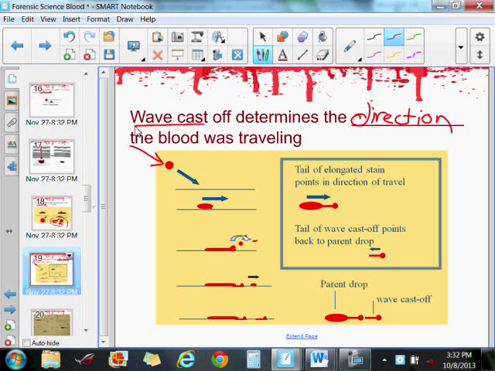When it strikes the surface, that blood still has some inertia, if you remember your physics. And some of that blood is actually going to be cast off, like a wave crashing onto shore, and you'll get these little blood droplets that come off of the parent drop, and they go in a certain direction. So if this was our parent drop, we have these little tiny blood droplets come off of that, and that actually tells us what direction that blood was traveling in.